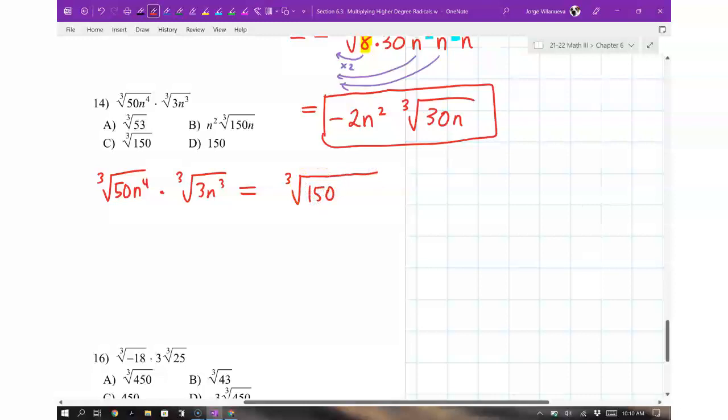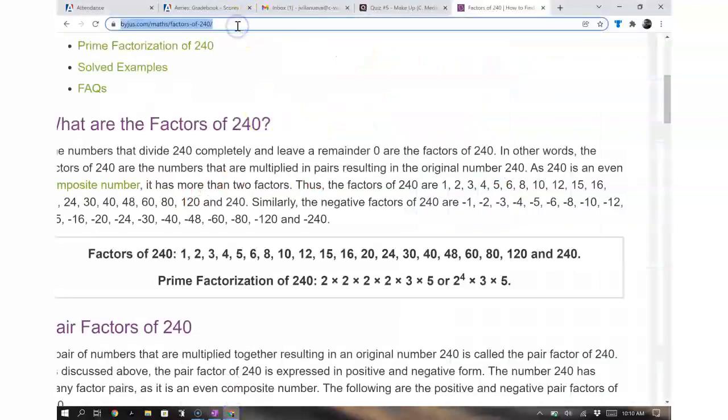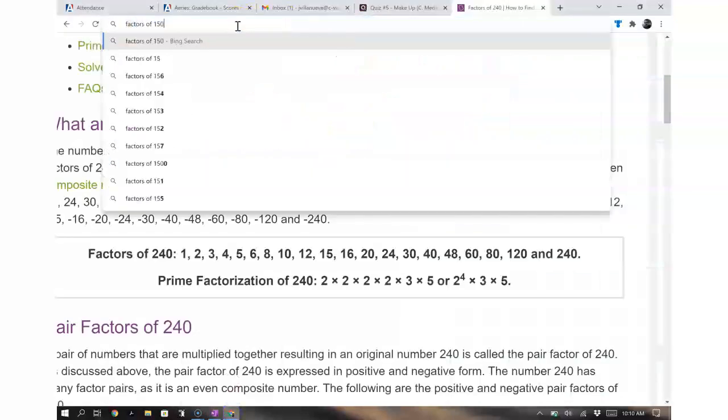N to the fourth times n to the third is n to the seventh. So now I have to think, okay, 150. What are factors of 150 that I can take as a cube root? So again, I'm just going to go really quick and type in factors of 150.